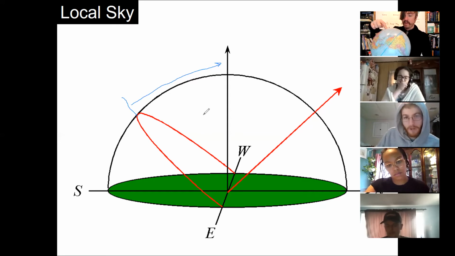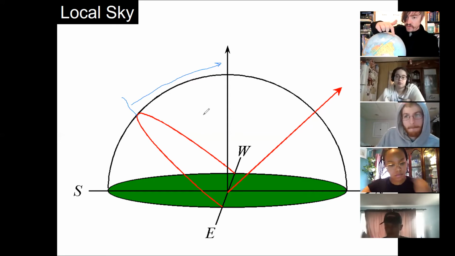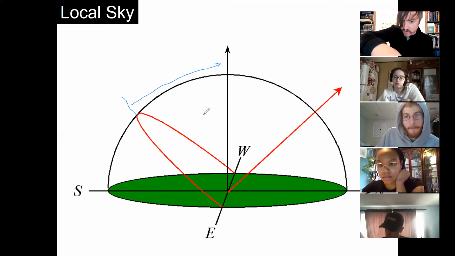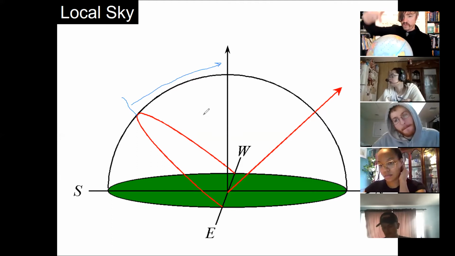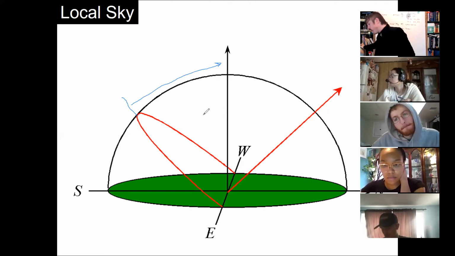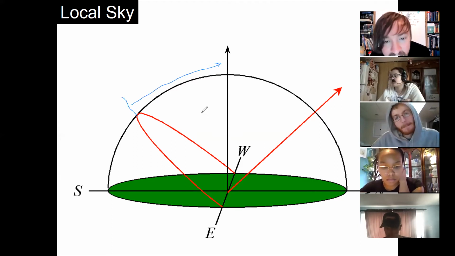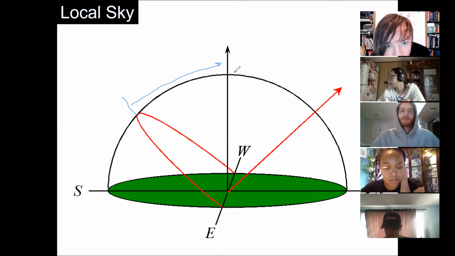My argument was the Earth's equator points towards the celestial equator, and your location on Earth points towards your zenith. So the way I got that angle is I already knew what my latitude was, and I realized that this angle was the same as my latitude, and then I knew that was 42 degrees.